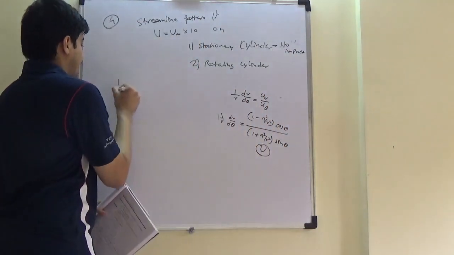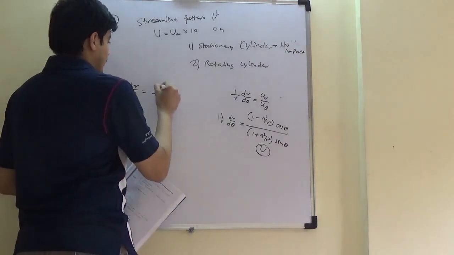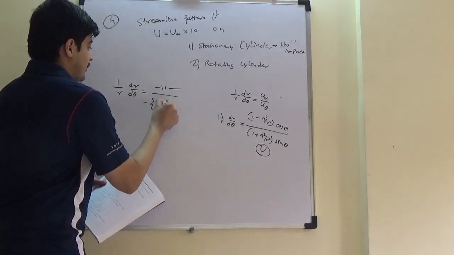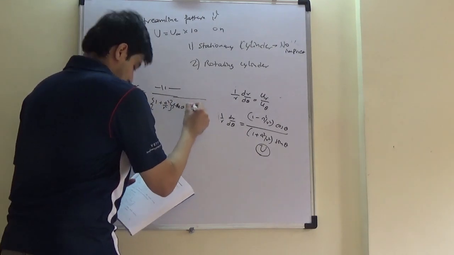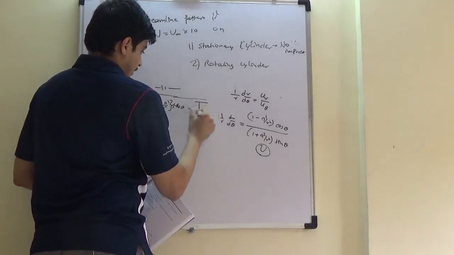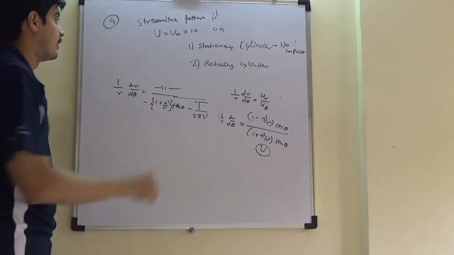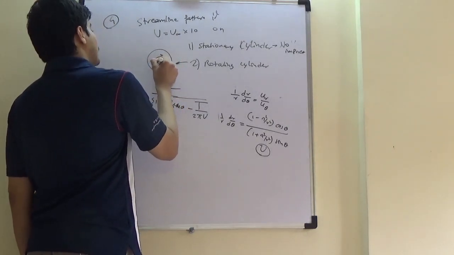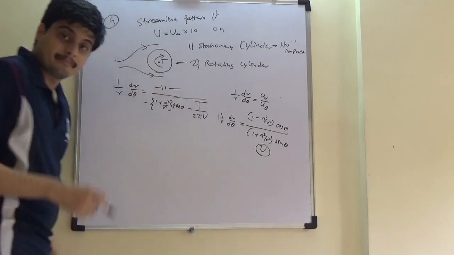Rotating cylinder. Here, this ur remains the same. u theta has this 1 plus a square by r square sin theta component plus an impact of circulation, because a rotating cylinder is characterized by a circulation at the center with free stream.